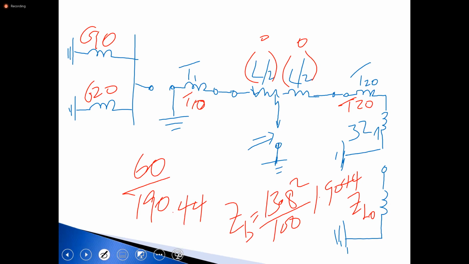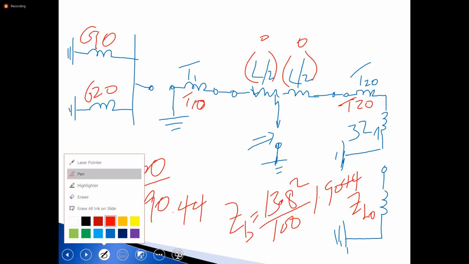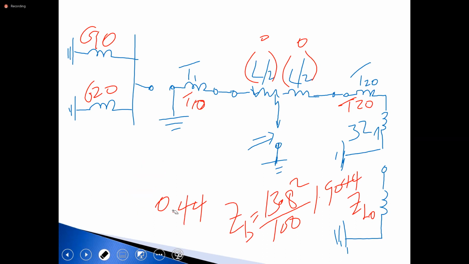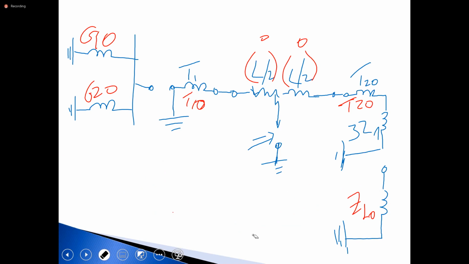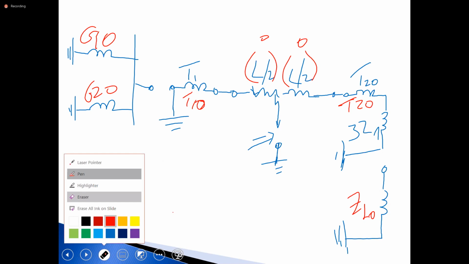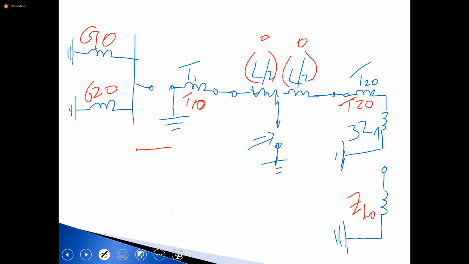And then, of course, you will have the equivalent circuit. All right, you'll have the equivalent circuit. At this terminal, you'll have V0, that is I0.